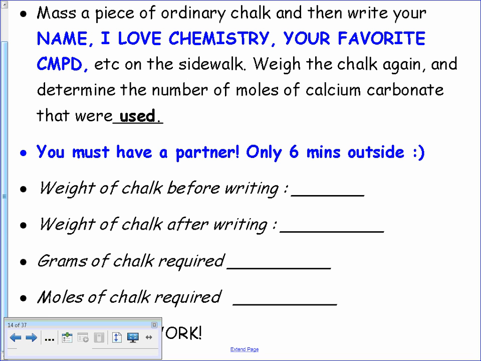Mass of chocolate flash, started with times. So on the bottom, you have like the mole. I think you put grams on the bottom.